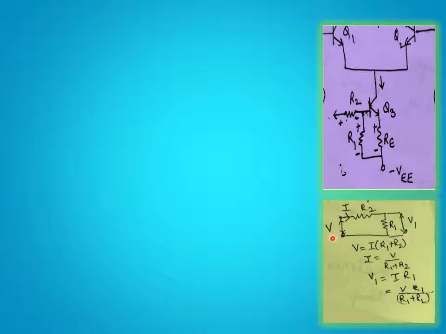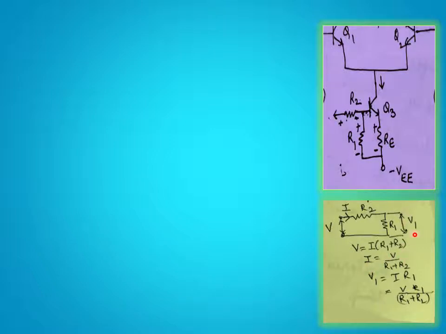So how is this formula established? This can be seen in a very simple way. This is V, and suppose a current I is flowing through the circuit. According to simple Ohm's law, V is equal to I times R1 plus R2. In this way we calculate I: I is V upon R1 plus R2.